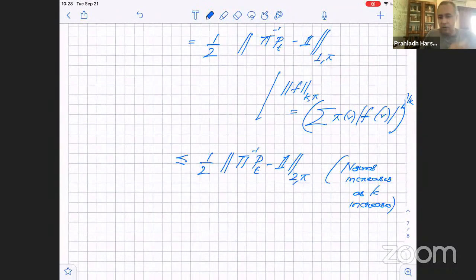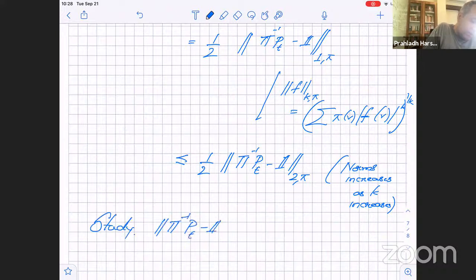All of this initial manipulation was just to come to the two norm, which is a quantity I can work with more nicely than the one norm. I want to relate the total variation distance to this norm. So in the next 10 minutes or so, we'll study how pi inverse p_t minus 1, in the pi norm, changes when you take one more step in the graph.